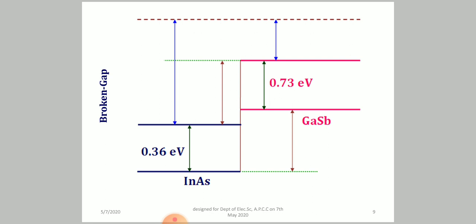Since there is no overlapping zone of their forbidden regions, that's why it is called broken gap. So I am giving three examples of three heterostructures.